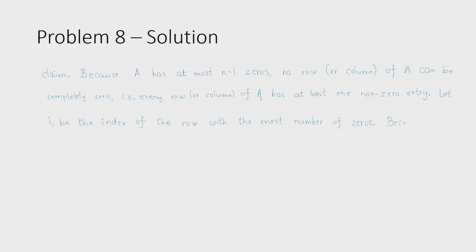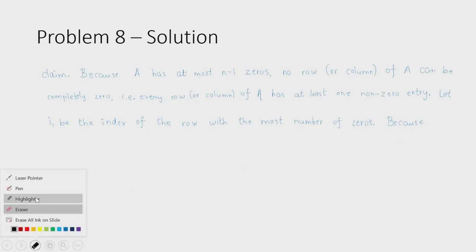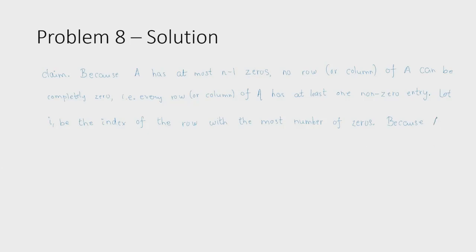Because the row A i1 is not a zero row, so not completely zero, as we saw before.